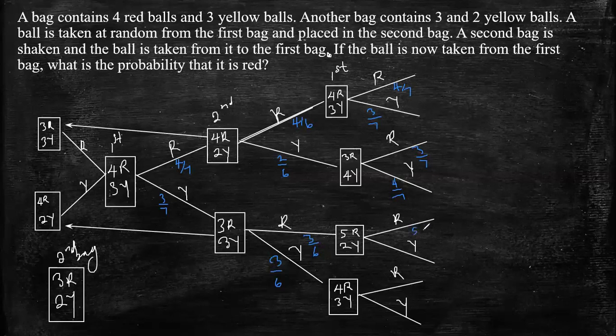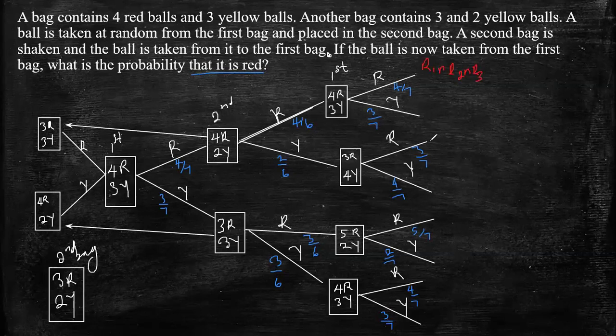This would be 5 out of 7, 2 out of 7, 4 out of 7, and 3 out of 7. So our interest is the red ball. I'm going to pick the paths where we have only reds. So this is going to be red 1, intersection red 2, intersection red 3.